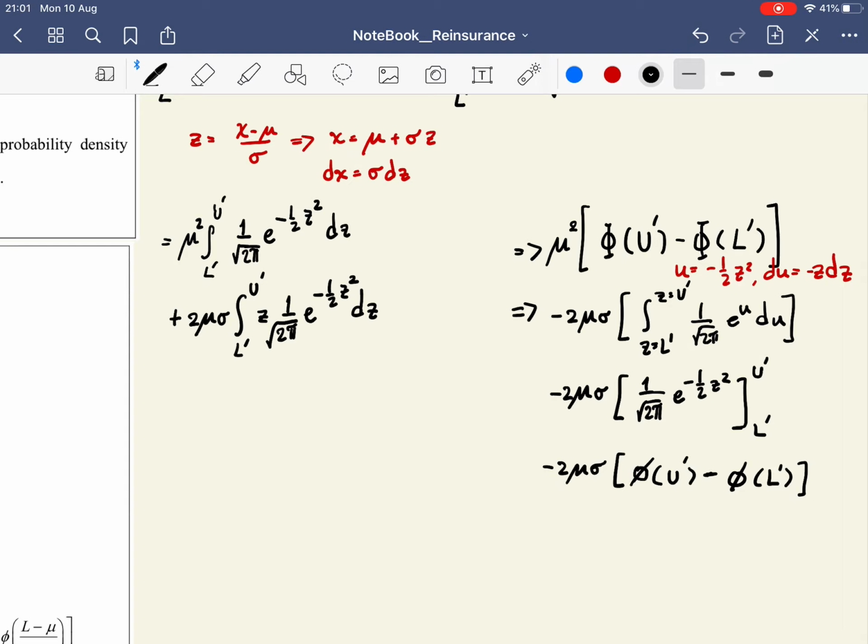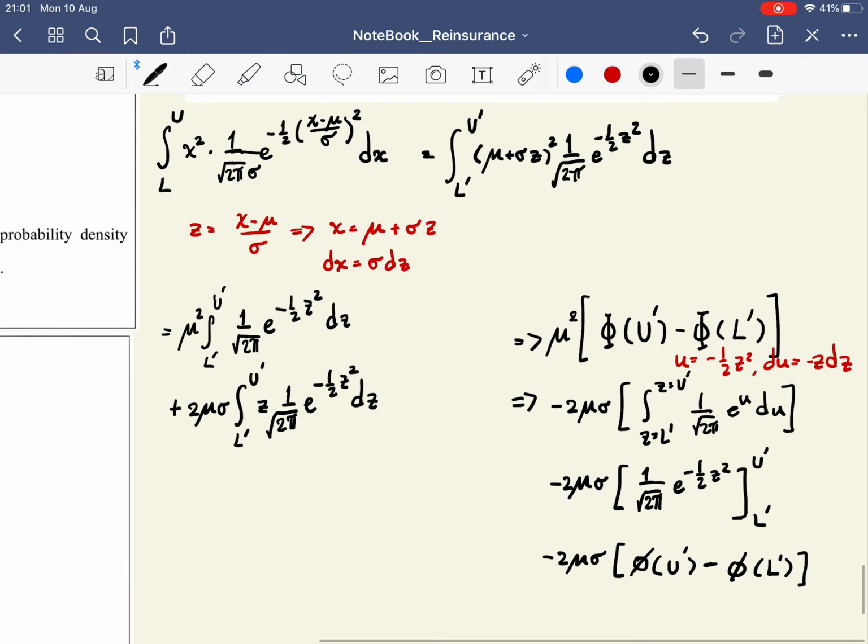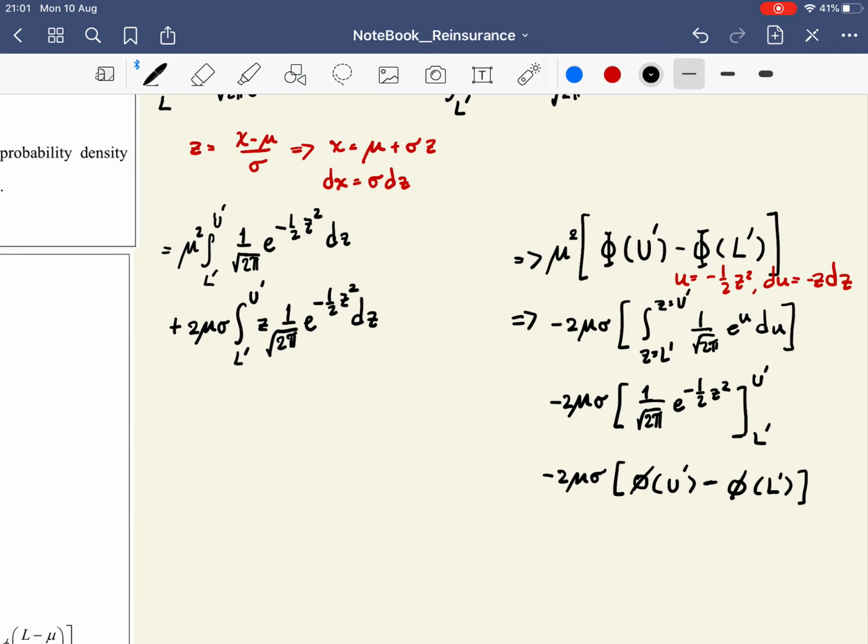And then the last part is the sigma square and z square. So we pull sigma square out, and we have inside the integral from L prime to U prime of z square, and the other things remain the same. So we have this, okay.